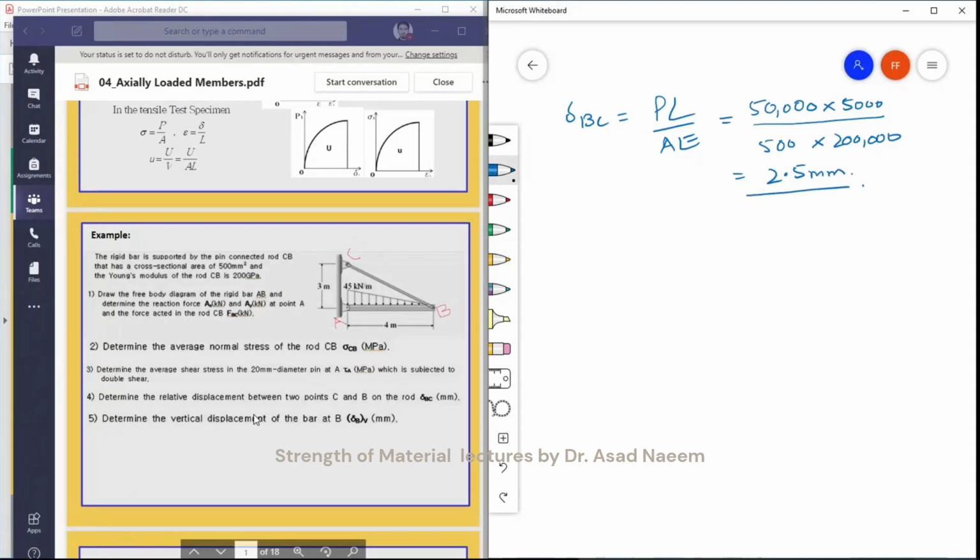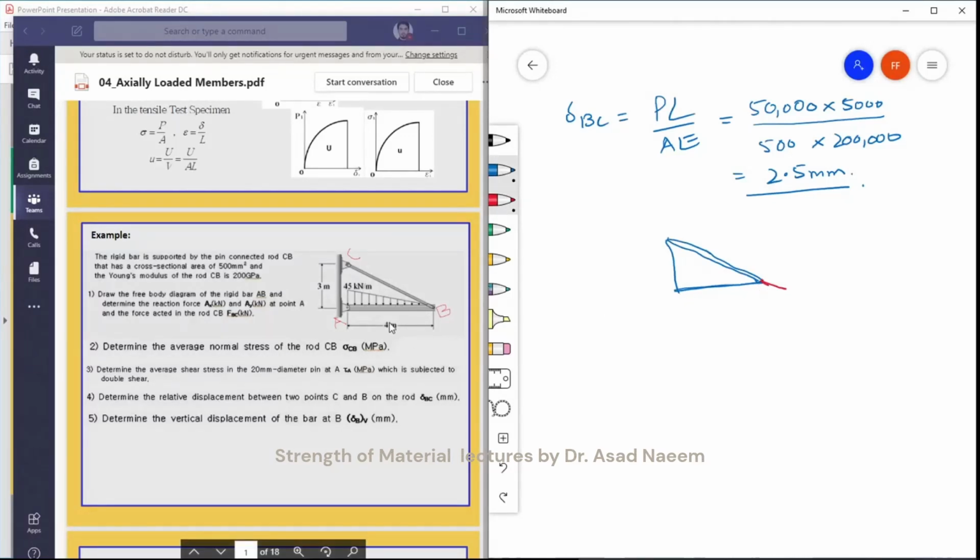Okay, and in the last part it says determine the vertical displacement of the bar AB. Due to all the forces acting on it, when this extends, this bar will, I mean, if this is the actual length of the rod before the loading, and when the load is applied, this rod gets extended.